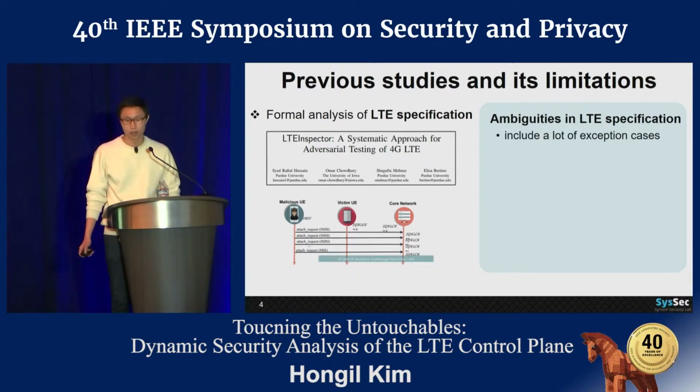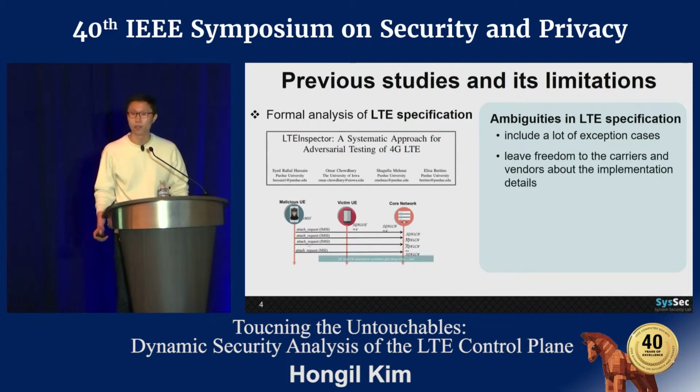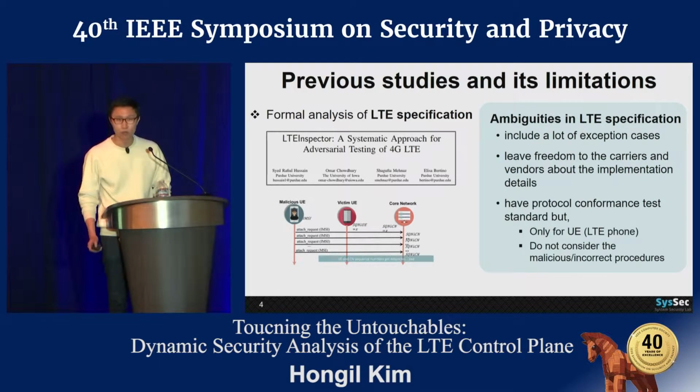First, they include a lot of exception cases, and they also leave freedom to the carriers and vendors about their implementation details. They also have protocol conformance test standards, but those are not about security.